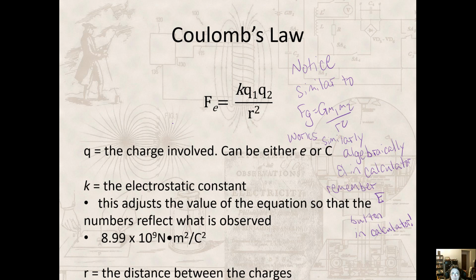So anyway, Q is the charge involved. That's here. You're going to have the charge between both objects, and it can be either in elementary charge or in coulombs. K is the electrostatic constant. Just like big G, it adjusts the value of the equation so that the numbers reflect what's actually observed. And for K, it is 8.99 times 10 to the 9th newtons times meter squared per coulomb squared.